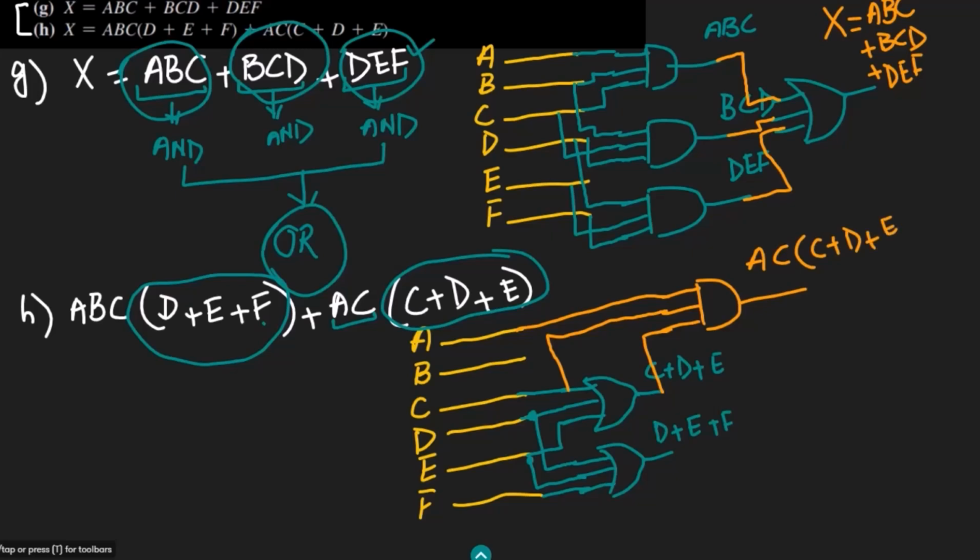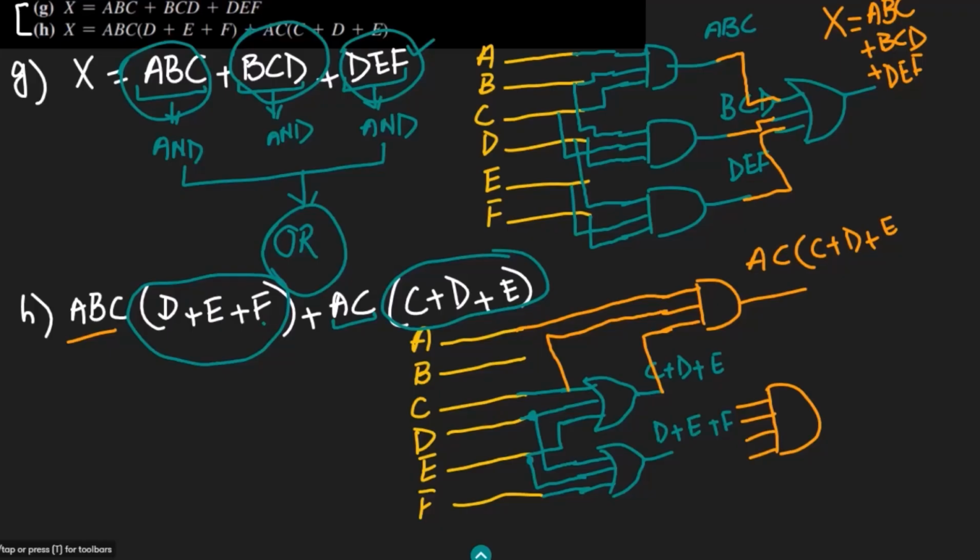Similarly here I can see that ABC is multiplied with DEF, so ABC is 3 inputs, and with this fourth one I will have a 4 input AND gate. So 1, 2, 3, 4.